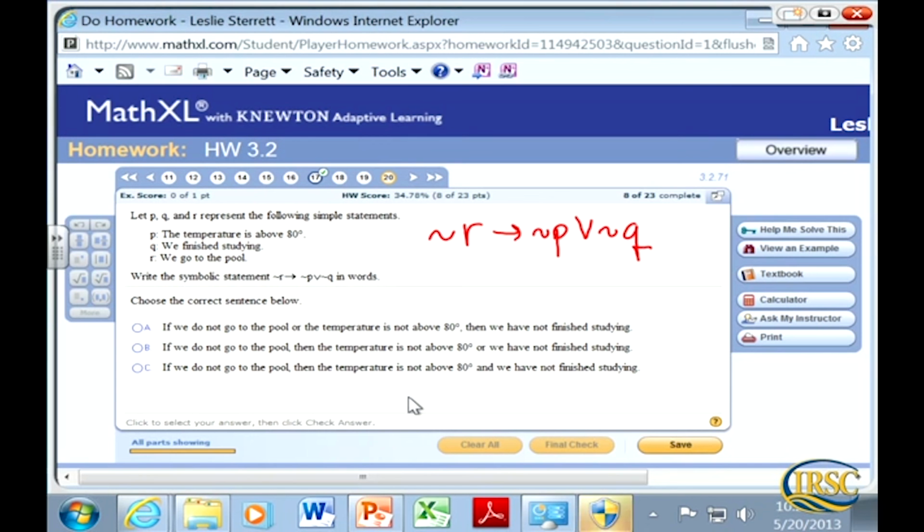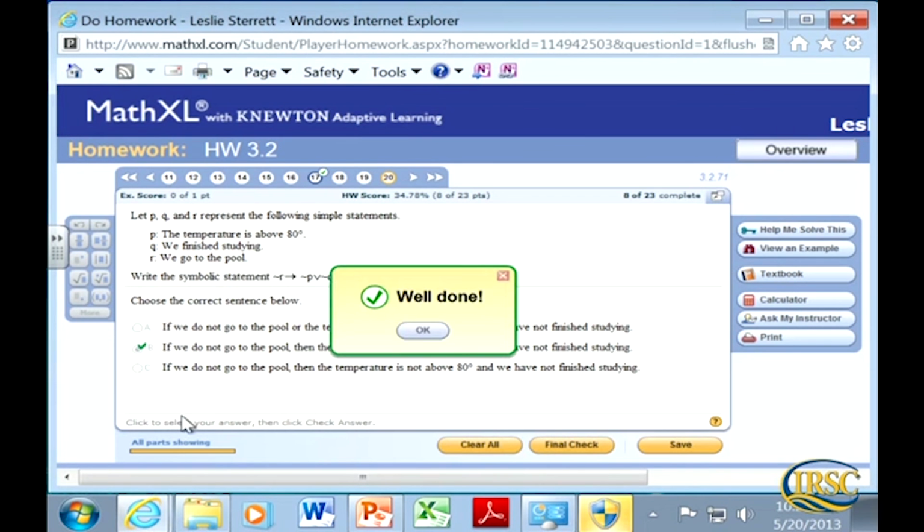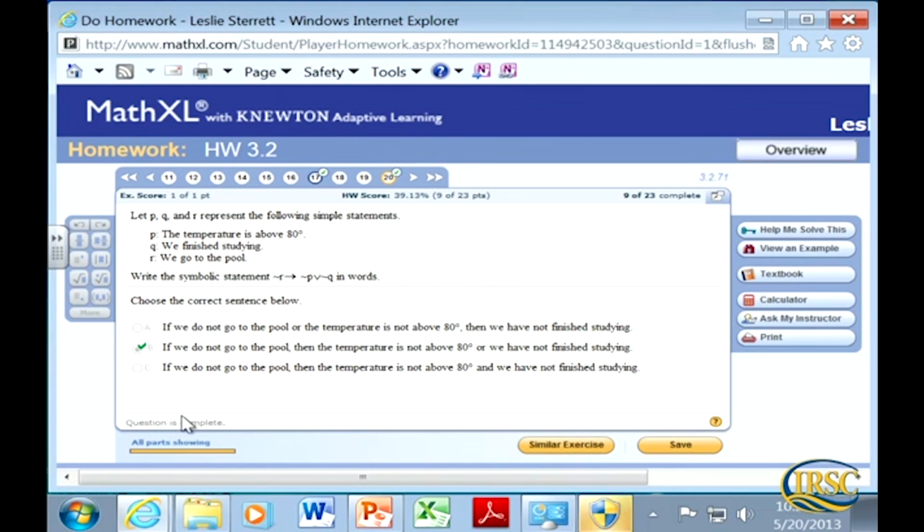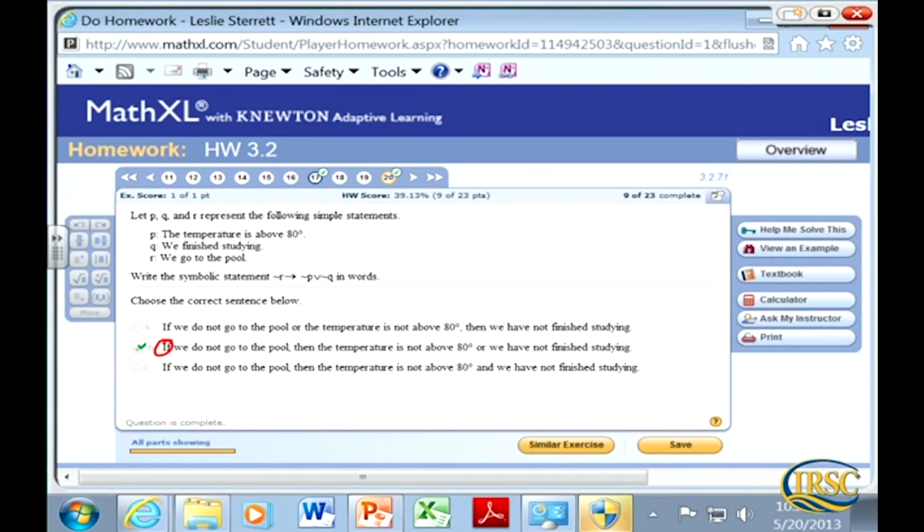I think I see a majority of 2. Well done. Okay, so we had 2 or 3 is what I saw out there, choice 2 or choice 3. So let's take a look at the difference between these two choices. So if you look at the second choice, what connectors or keywords do you see there? Okay, if, then. Okay, so that's really one connector. The not.